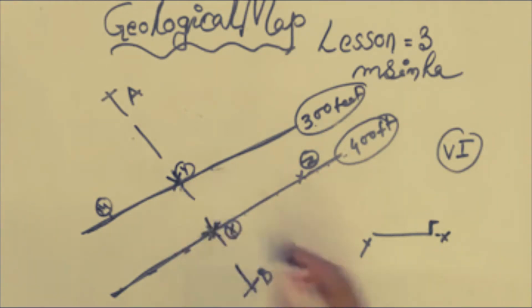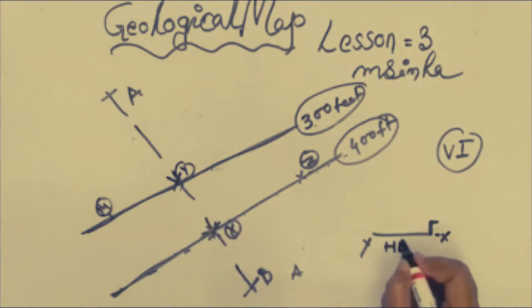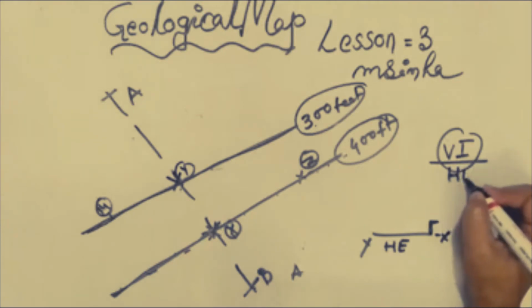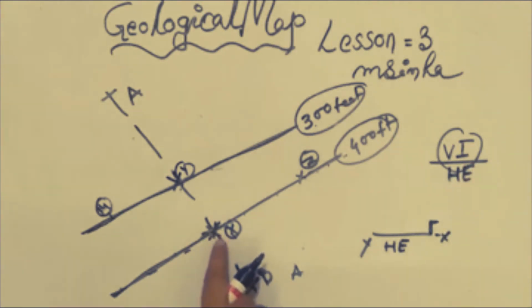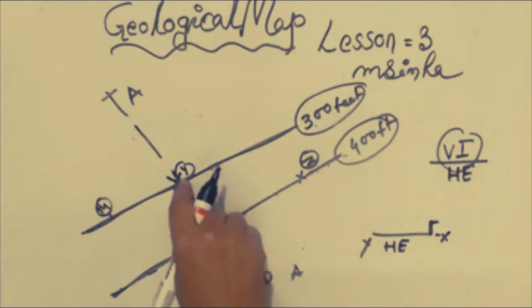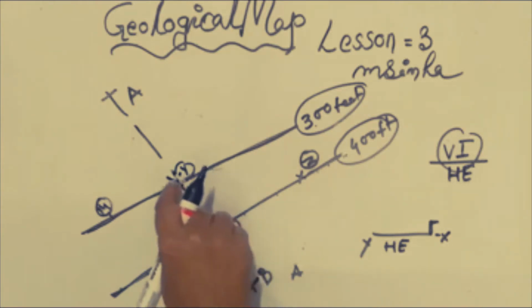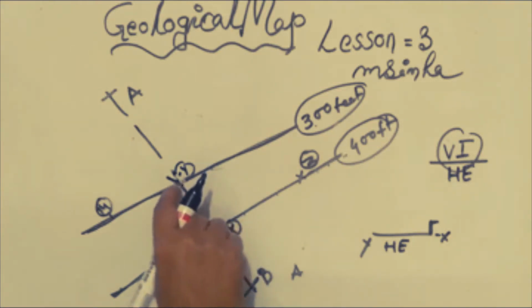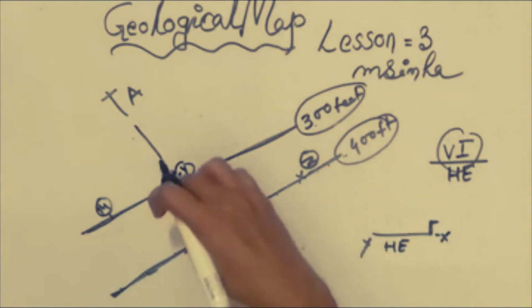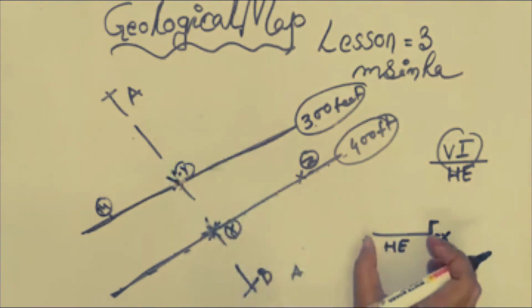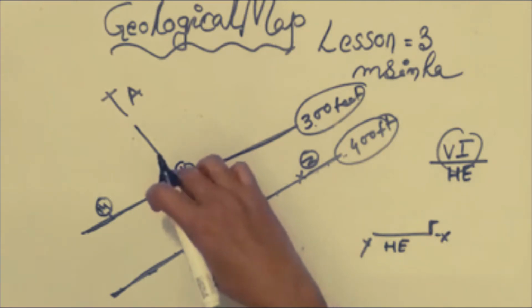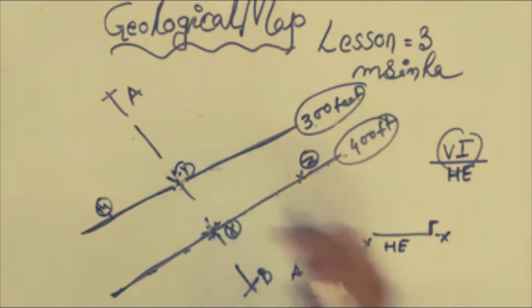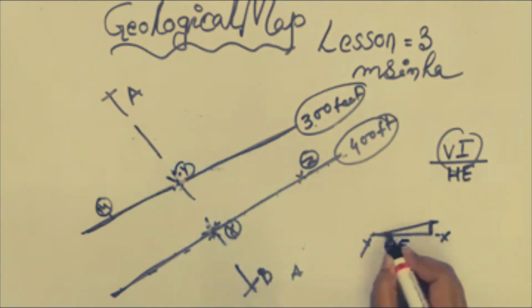This is the horizontal equivalent. I have told in the previous class, then you can start walking to reach Y. Then you have to go through this linear distance. This linear distance is the horizontal equivalent. According to scale, because 1 inch is equal to 1000 feet, you can measure this distance according to the linear scale, and you can get the dip.